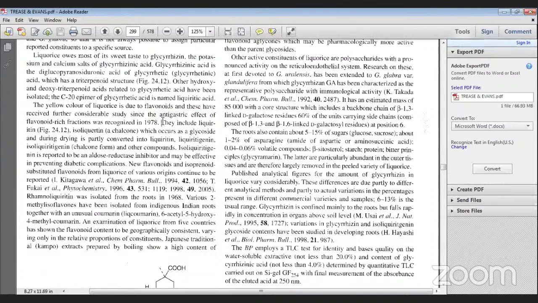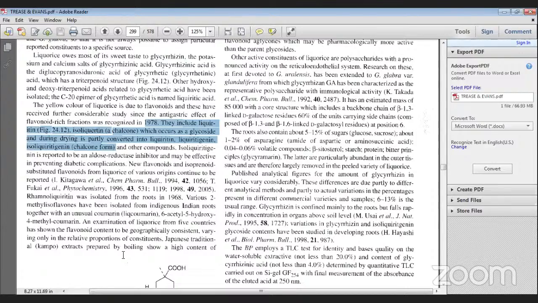The flavonoids mainly present are liquiditine and isoliquiditine, which occur as glycosides. These are not very stable, and on drying they convert to liquiditigenin and isoliquiditigenin. These are the main flavonoid glycosides.